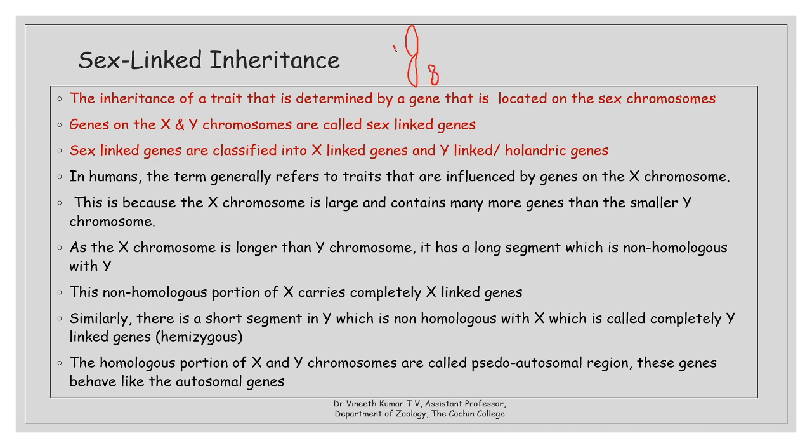If you compare the sizes, this one is the Y chromosome. Now consider the homologous part. If I shade these regions, this much is the region which is only for the Y chromosome. These genes, which I am marking in red, are present only in the Y chromosome. They do not have any homologous part on the X chromosome.